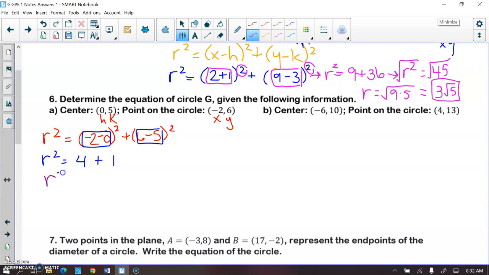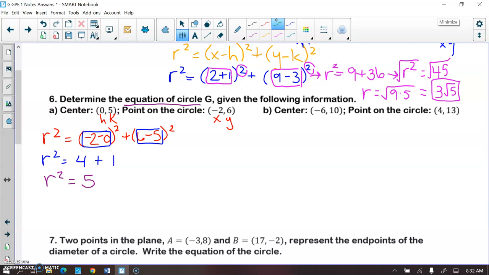Now some of you may be thinking, okay, now we need to find r. However, when we're writing the equation of our circle, the equation uses r squared and not r. So I do not need to find r because I found r squared.